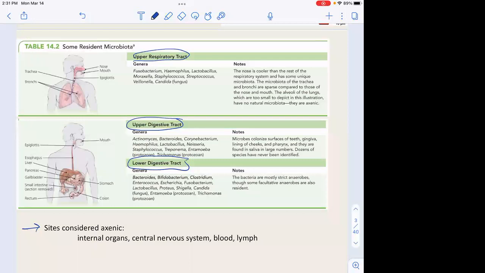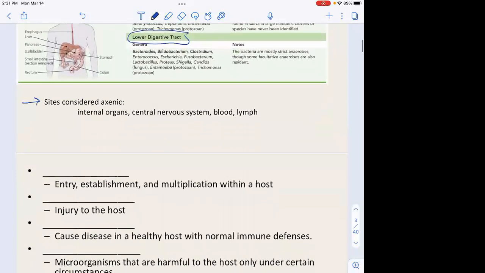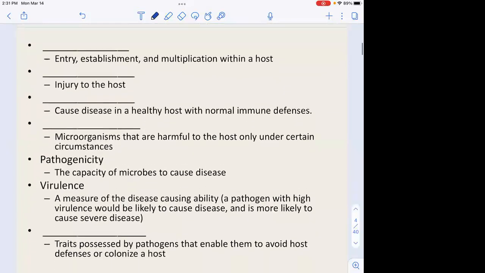We think the blood is too, but I've read some papers that call that into question, that there may actually be some normal microbiota, or we've detected some DNA there anyway, which is not the same thing as a living cell. But there are sites, again, where we know that we just can't tolerate normal microbiota.